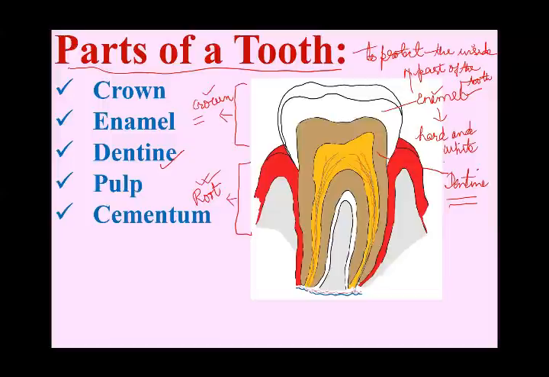It protects the pulp. Now, where is the pulp? This yellow part shown here is the pulp. The pulp, which is the innermost part of the tooth, contains the nerves and the blood vessels.